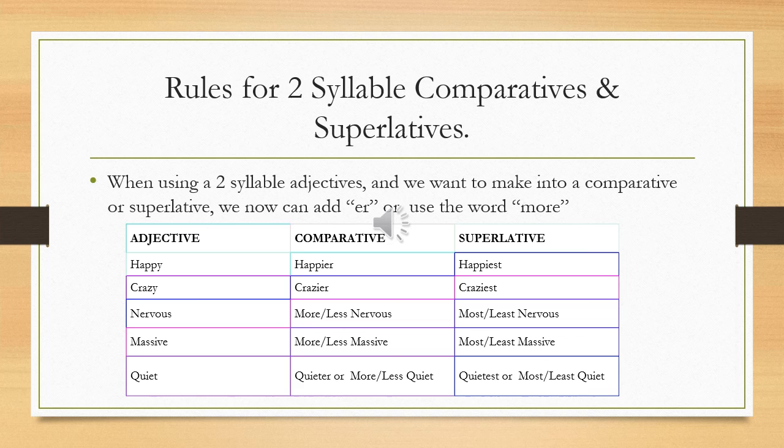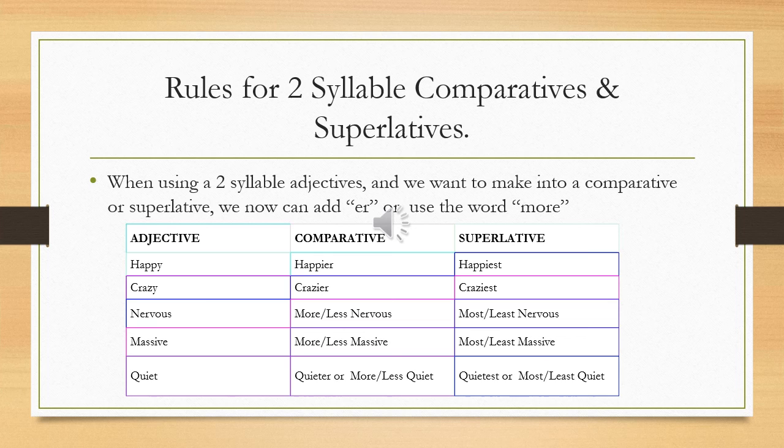Now, in all of these, you can always still say, for example, here you have happy, happier. You could say more happy. It is grammatically correct to say more happy. However, happier is much better. Okay? So it's about it not necessarily being correct grammar, it's just a natural feel for the language. So you have to understand which is better.